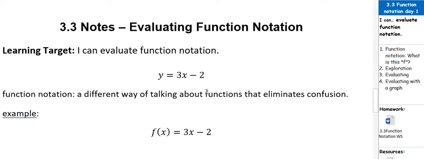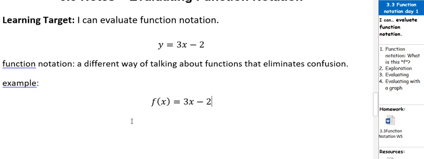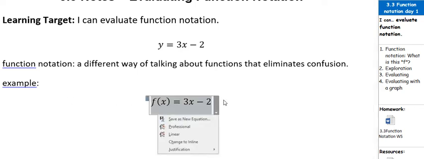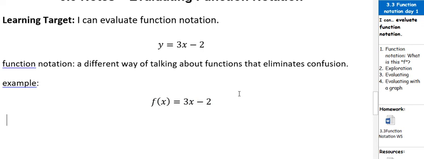The reason that it eliminates confusion is because function notation allows us to have multiple different functions at one time and know which one we're talking about. So for example, we're not always going to have f of x. We could also have a different function called g of x, and this one could be completely different. So I'll do negative 2x plus 4.